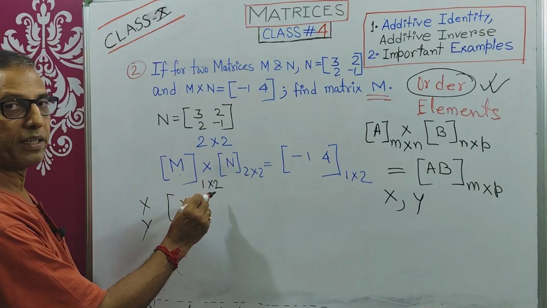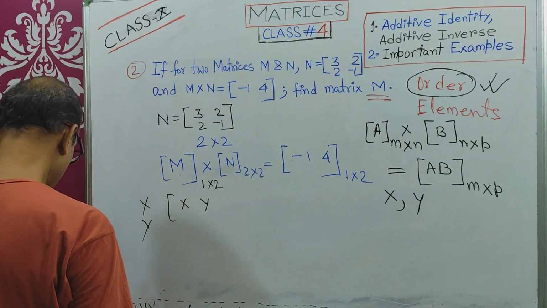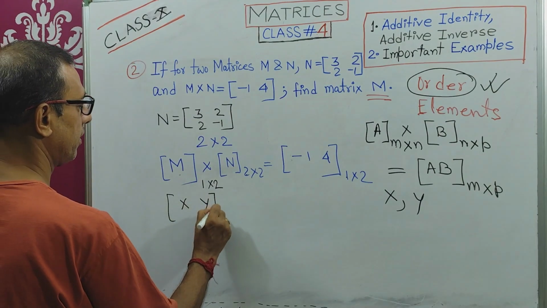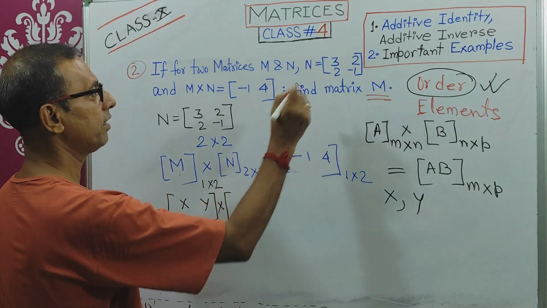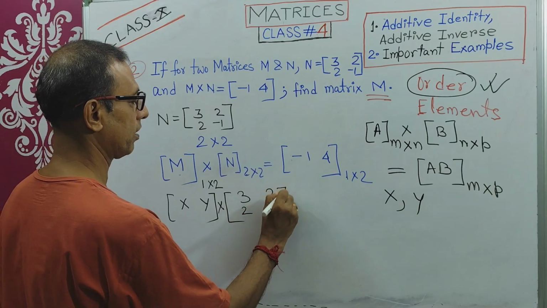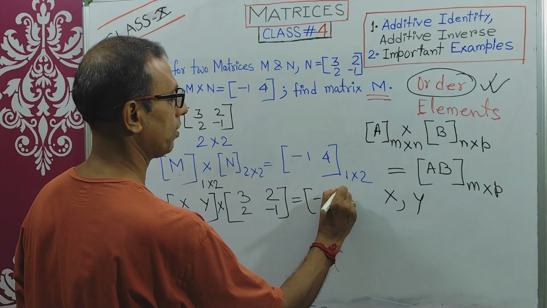But we have already found the order is 1 by 2. So you put the elements in this manner, x, y, and then the value of N, which is [3, 2; 2, -1], equals [-1, 4].